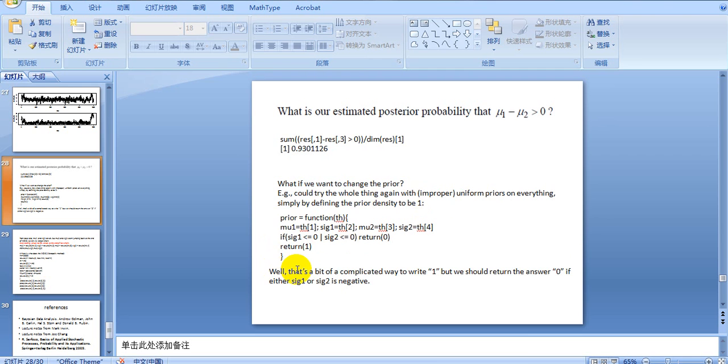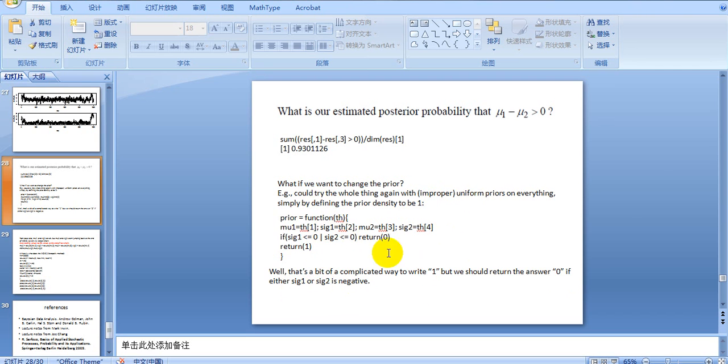Well, that's a bit of a complicated way to write 1, but we should return the answer 0 if either sigma 1 or sigma 2 is negative. We don't have time to explain why it's called improper, but this is actually a very popular prior. Usually, I would suggest you use a proper prior.